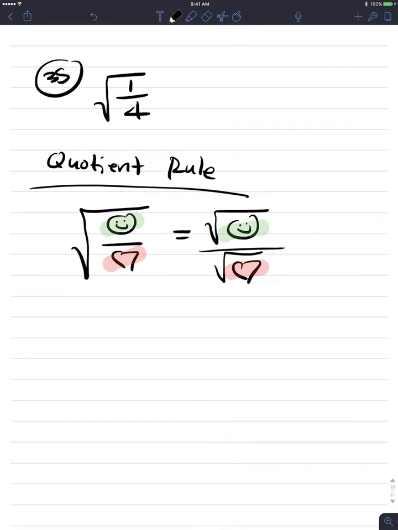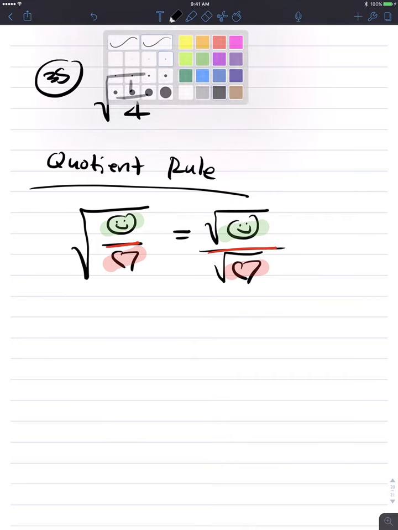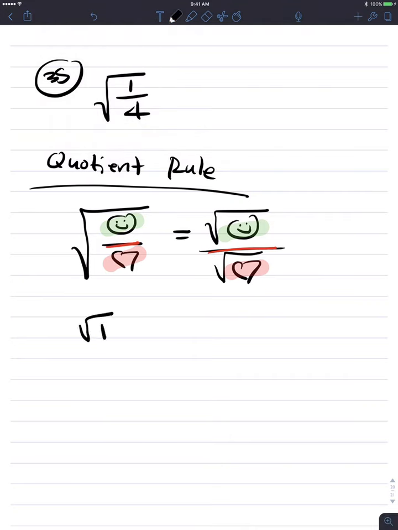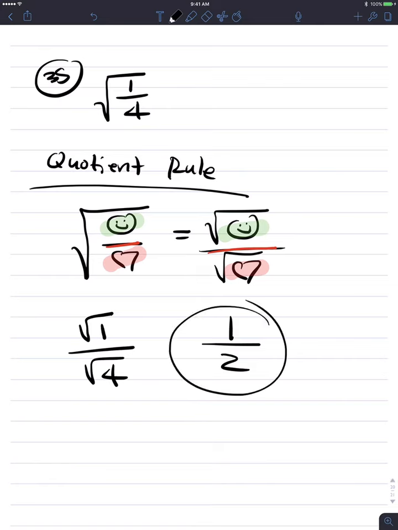Notice the operation this time is division. What this means is the square root of 1 divided by the square root of 4. The square root of 1 is 1 and the square root of 4 is 2. We are done.